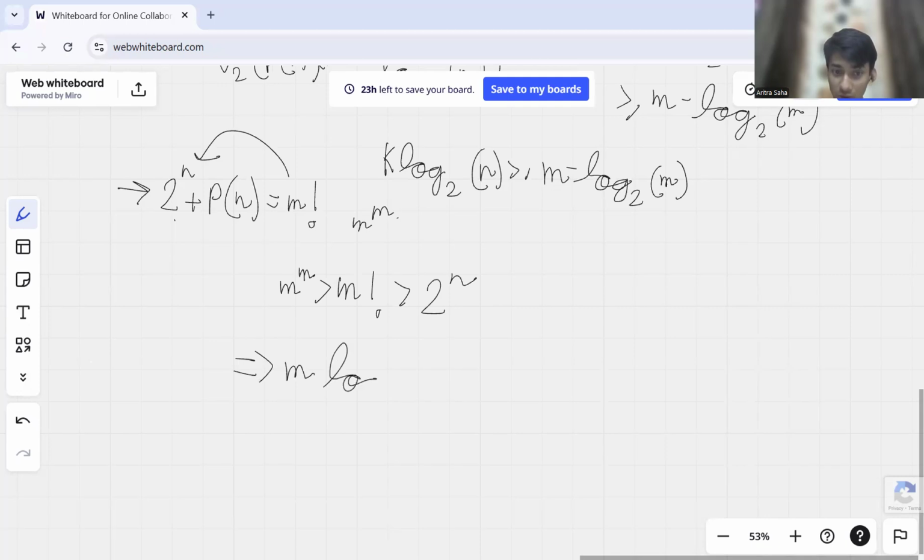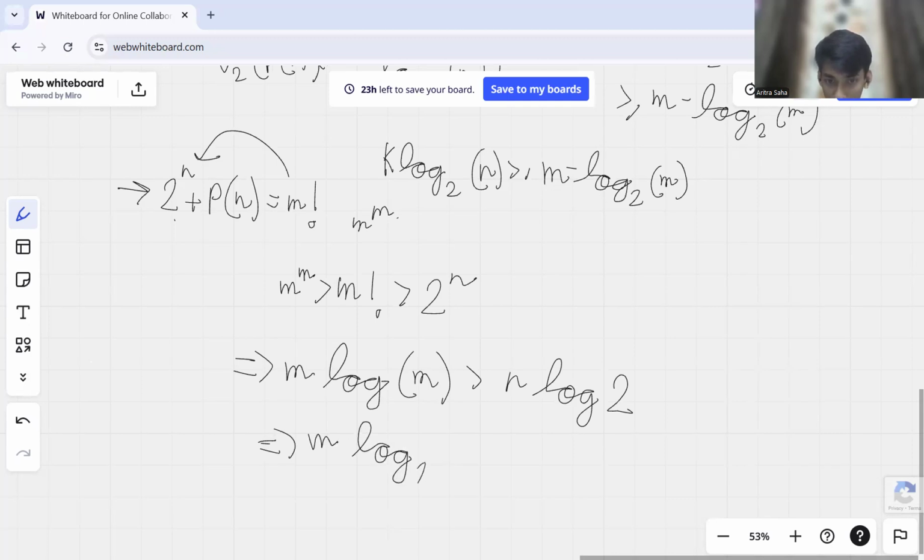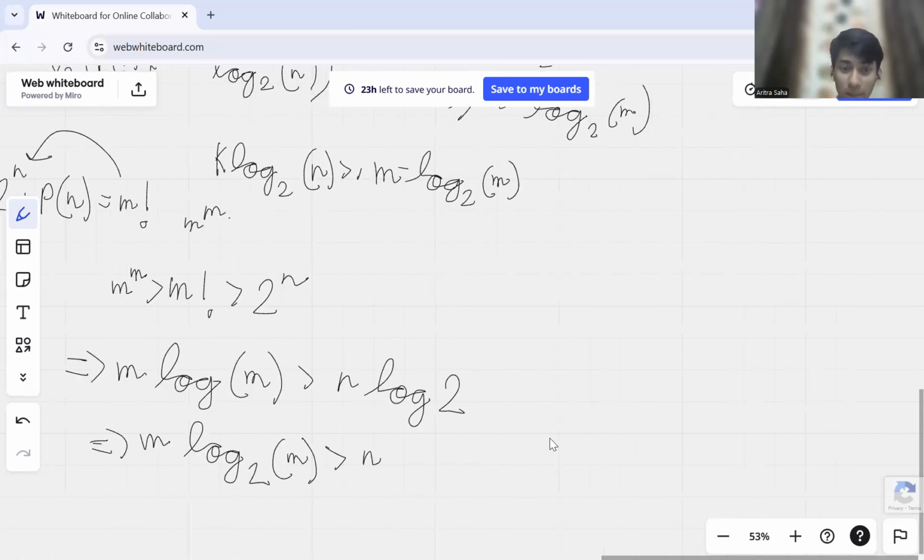So m log m is greater than n log 2, so m log m divided by log 2 is greater than n. So we have two types of bound: m log 2m greater than n, and k log 2n greater than or equal to m minus log 2m.